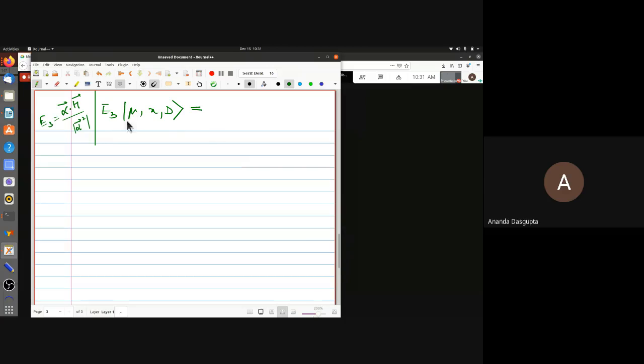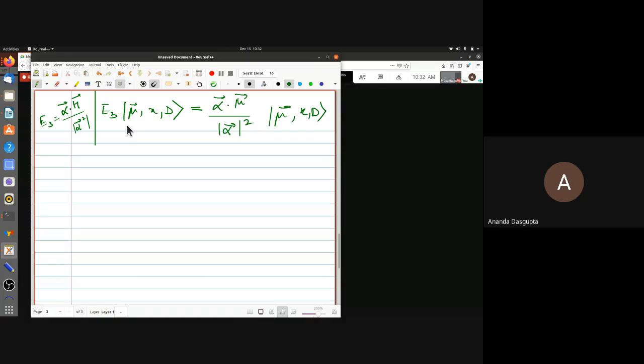So here you have E3 acting on mu xd, that you can easily apply alpha dot h on that and just use the definition to end up with alpha dot mu by mod alpha square mu xd, which means every one of these weight vectors, not the weight vectors, but the eigenvectors corresponding to the weights that we were talking about, are actually SU2 eigenstates corresponding to these SU2 algebra.